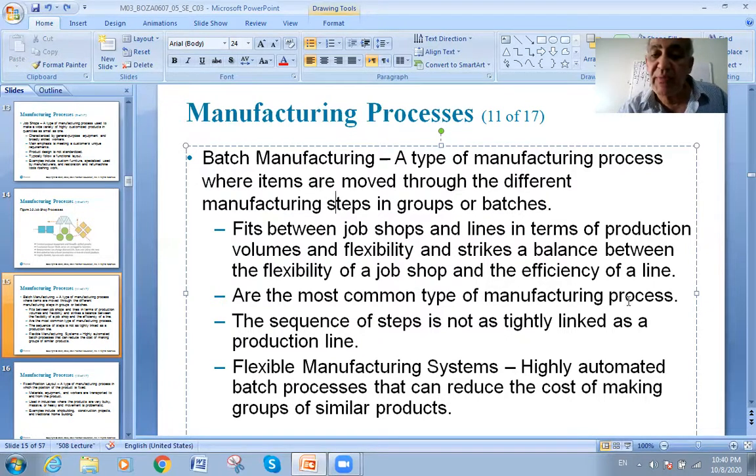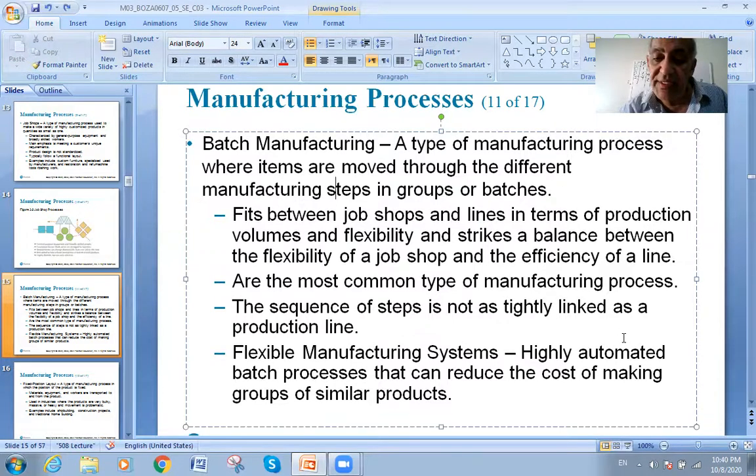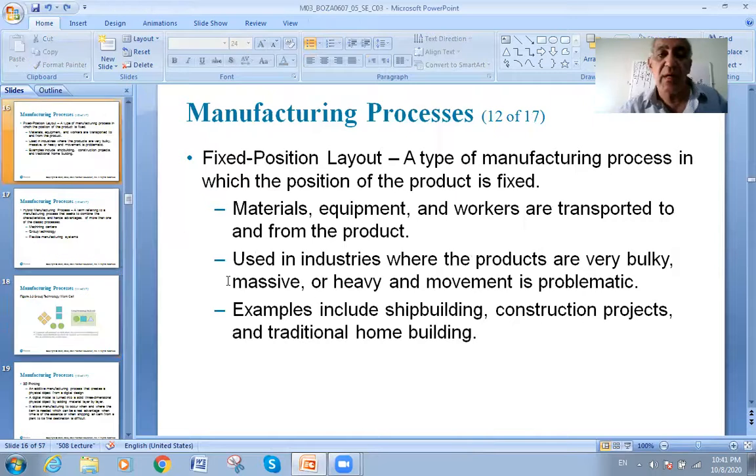They are the most common type of manufacturing process. It's very flexible, and it can reduce the cost of making groups of similar things. I can reduce the cost of the similar products by using this way.